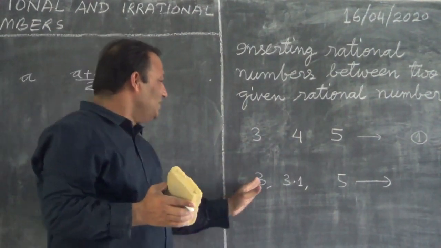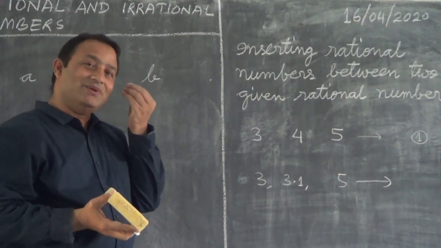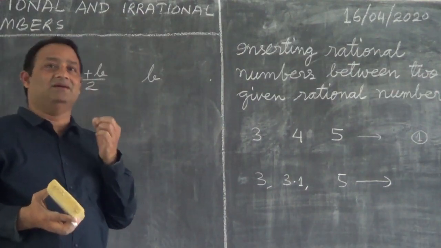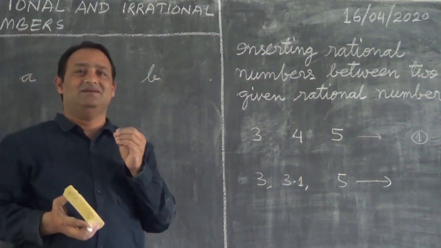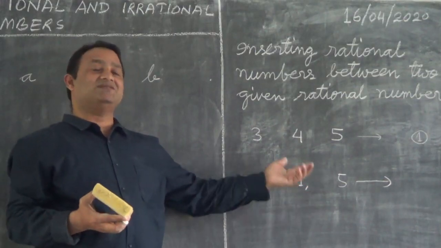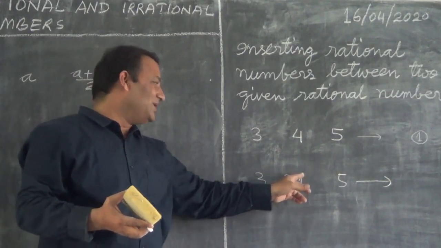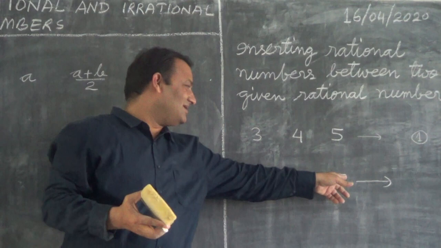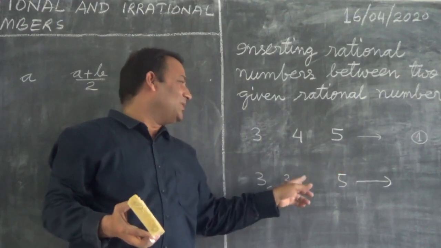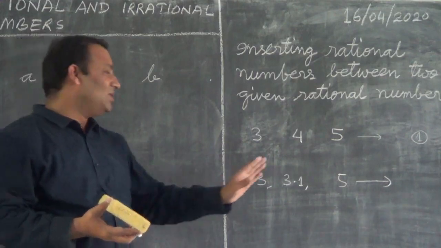Then which method did you apply to get this 3.1? No method. Using our intuition. So we say that is the intuitive method. I know there are many rational numbers, decimal numbers between 3 and 5, because 3.1 is 0.1 more than 3, and it is less than 5, because the whole number part here is 3 and there it is 5.